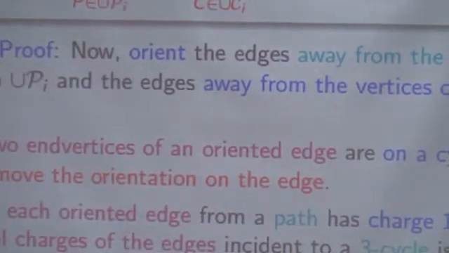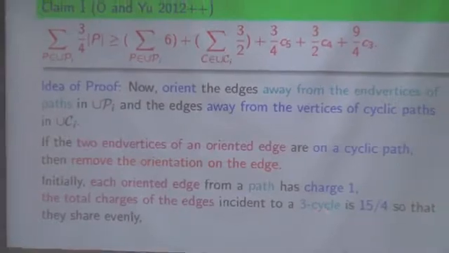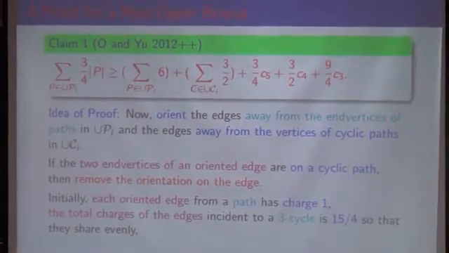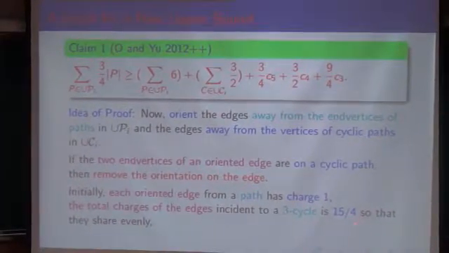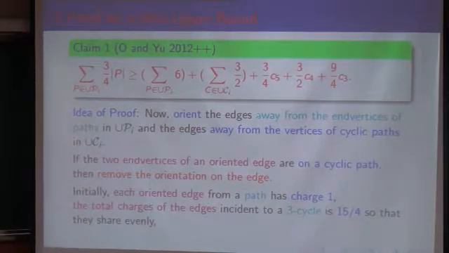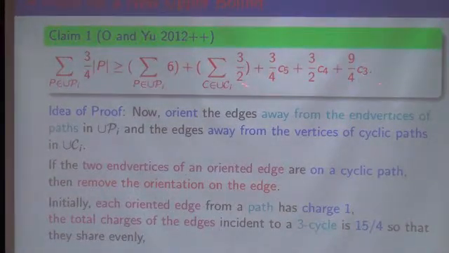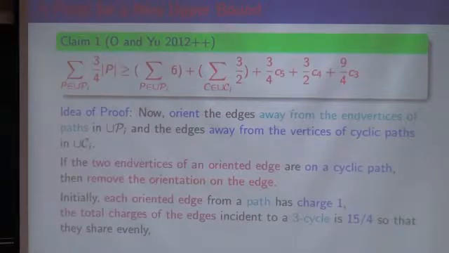And we give the charge to the edges inside of a 3-cycle, so that they share evenly. There is no such edge, but if we add this and this, that's it. Okay.